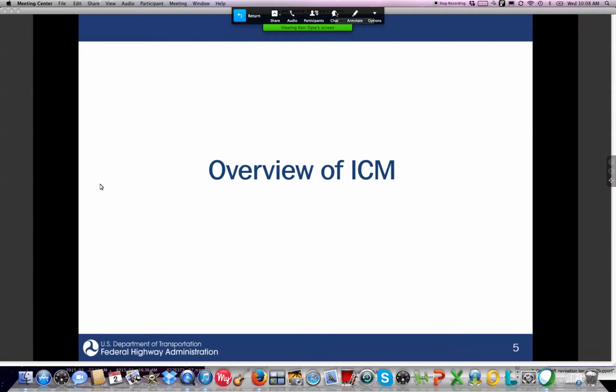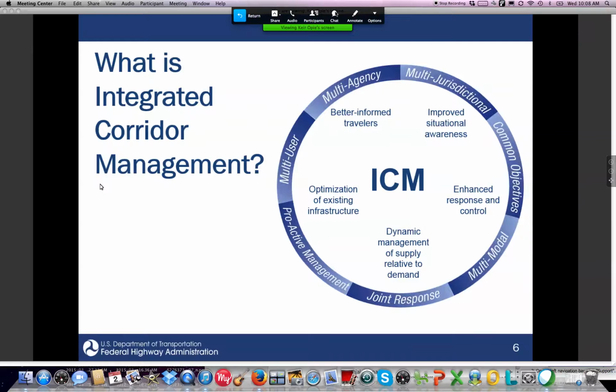So the overview of ICM, again, a lot of this was looked at yesterday, so I will be very brief on this. But integrated corridor management is really starting to look at the networks, the transportation systems that we have that are not just a freeway, not just an individual corridor, but looking at a wider corridor and trying to use management strategies to optimize the use of that existing infrastructure to try to prevent the need for adding additional facilities.